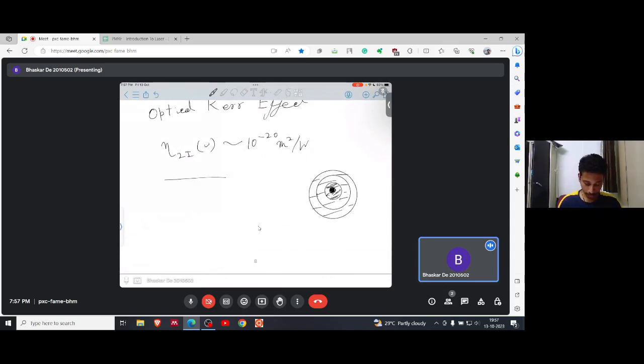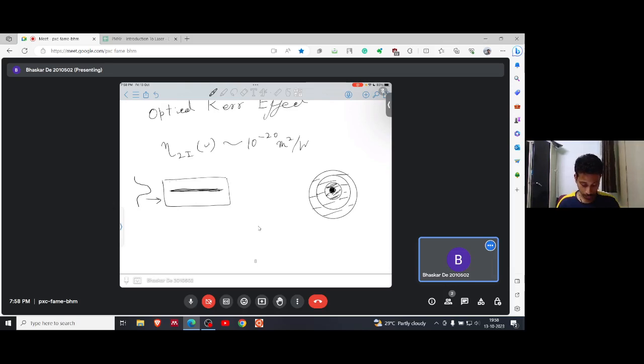So basically this is a Gaussian beam propagating in a material. If the optical Kerr effect is there, then the refractive index will be higher here, and lower here. So as you know, if the refractive index is higher, then the beam will start to focus towards that, right?